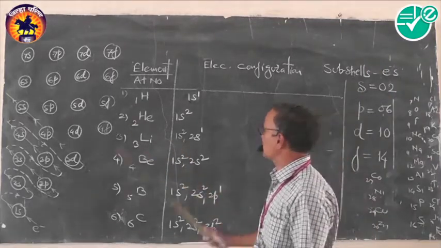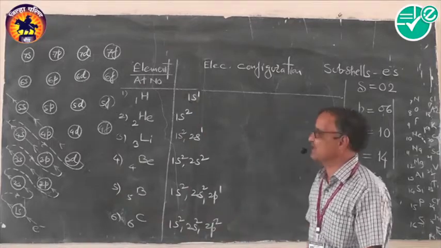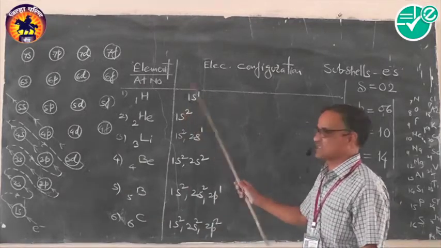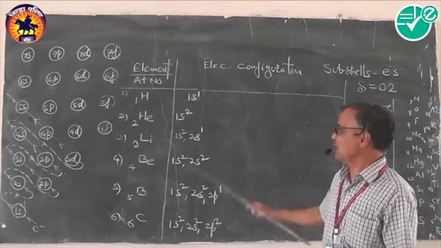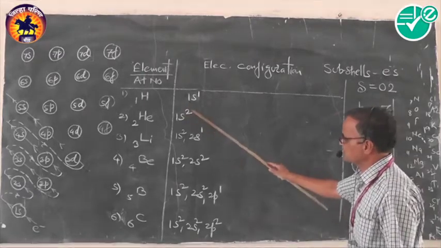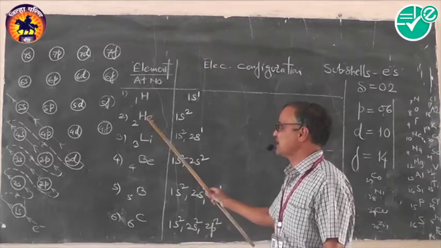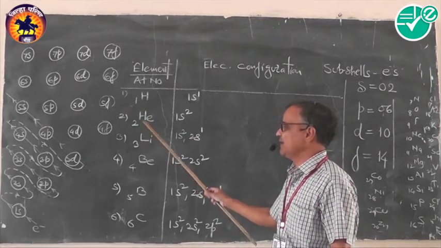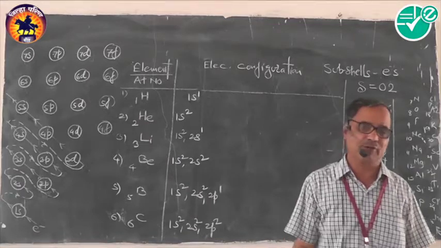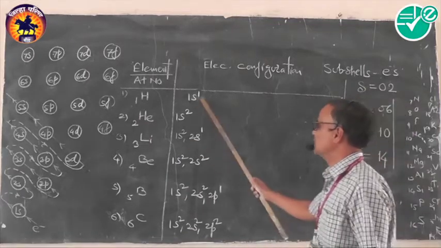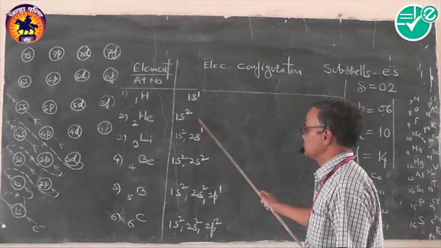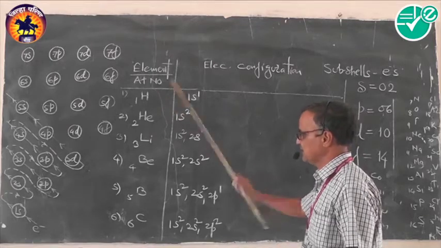Now this s subshell has a capacity of 2 electrons, so the second electron is added in the same 1s sub-energy level, that is 1s2, which will be the electronic configuration of helium, which has atomic number 2 and is the second member of the periodic table. So this is all about 1s1 and 1s2 in the case of hydrogen and helium.